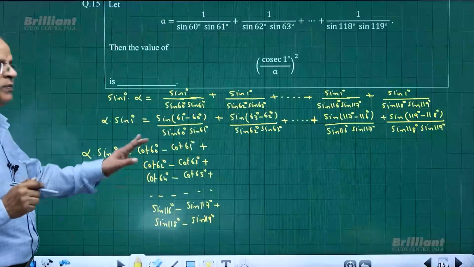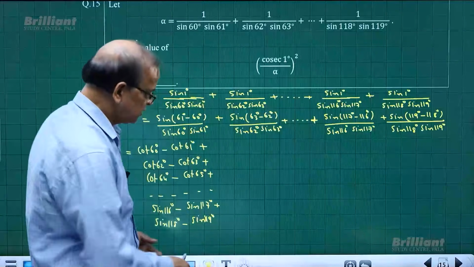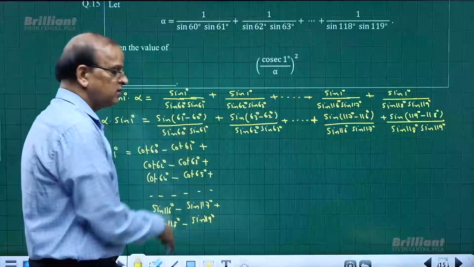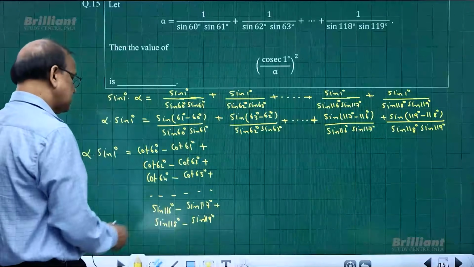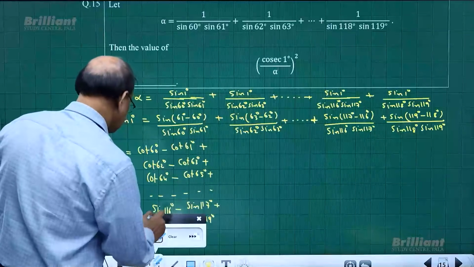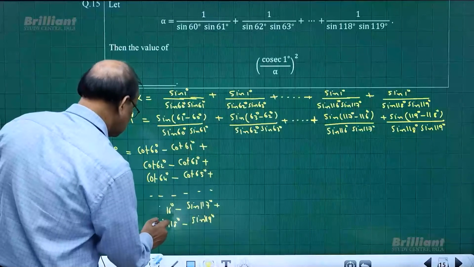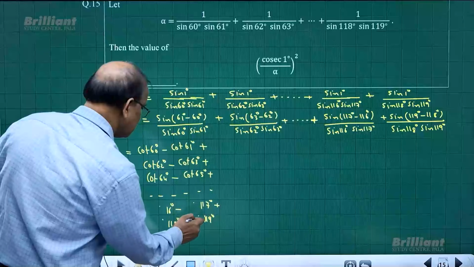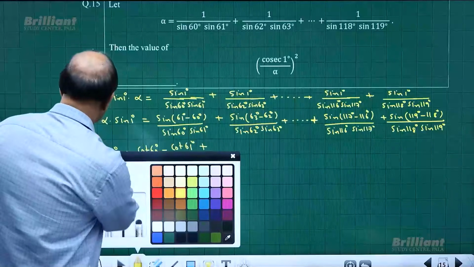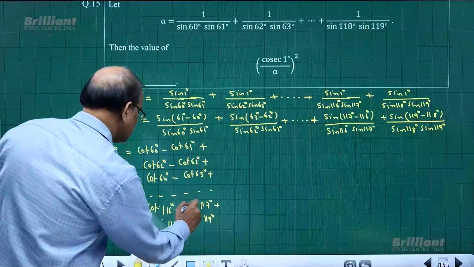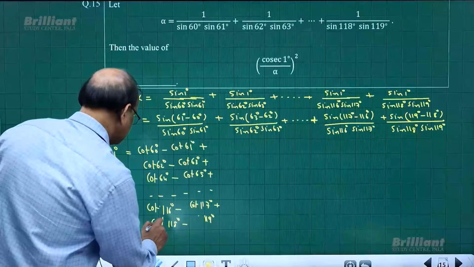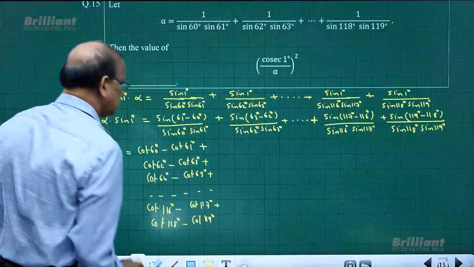See here, the telescopic terms do not cancel from the front, but from the back side we can cancel them. How? This is all cot, right? Cot 116, cot 117, cot 118.